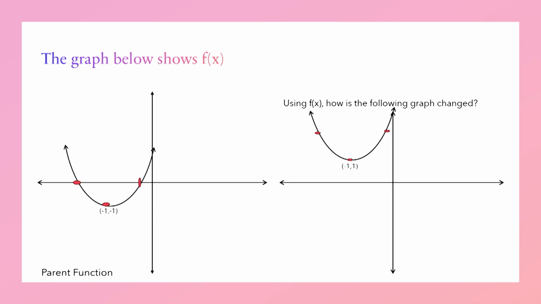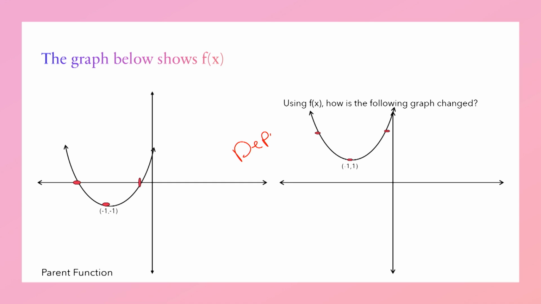On our notes page, this was our parent function, and we went here. We said that we had a vertical shift up. So did I move my independent or my dependent? I moved my dependent because I went up with my y's. My x's stayed the same, but my y's are the ones who changed.